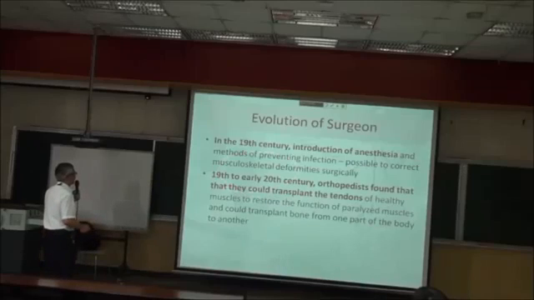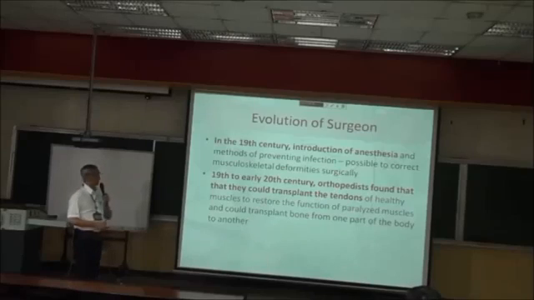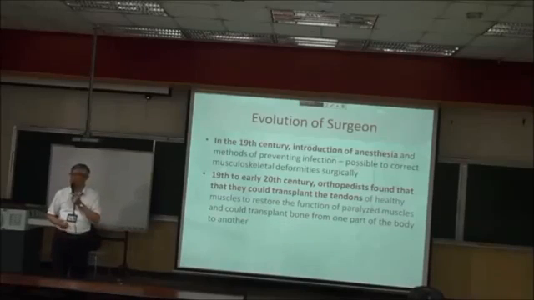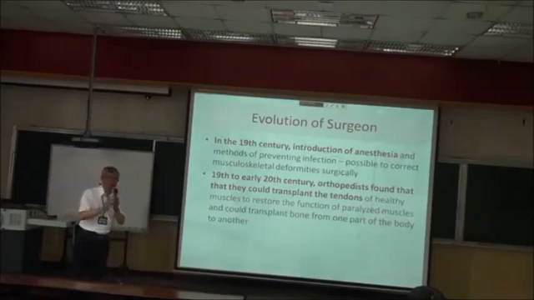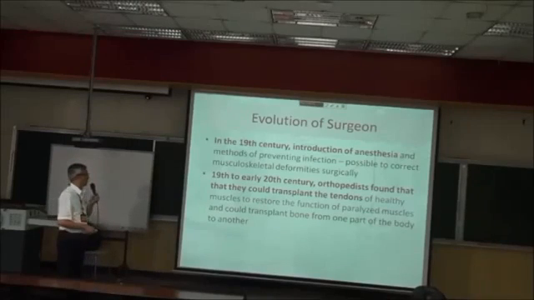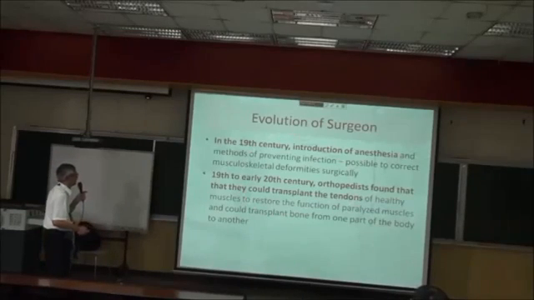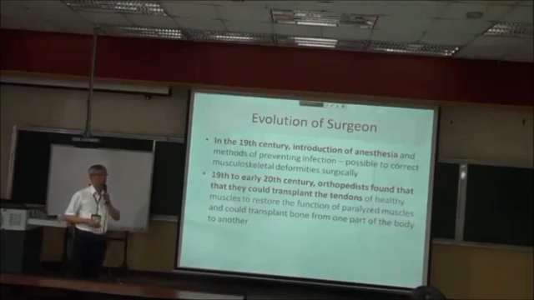And from the 19th century to the early 20th, orthopedics became popular because we can transfer some tendon and some part of bone from one side to the other. Orthopedics found that we can transplant a tendon, so that made surgery more popular.